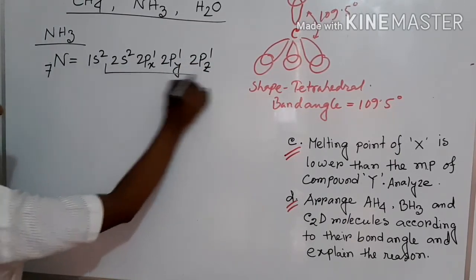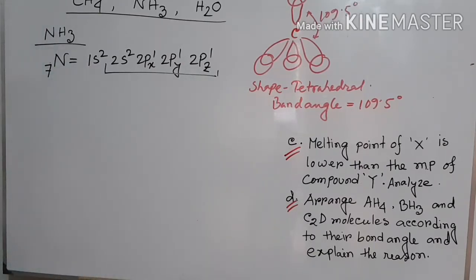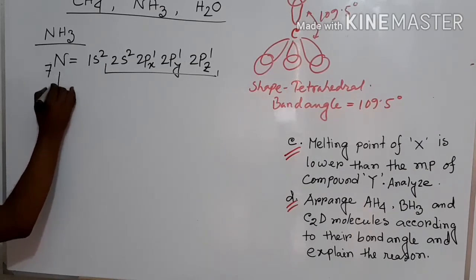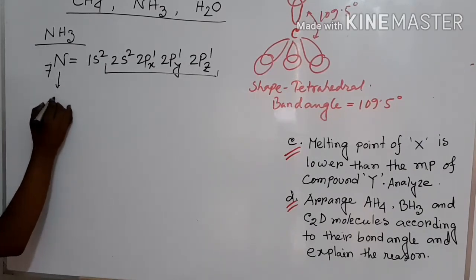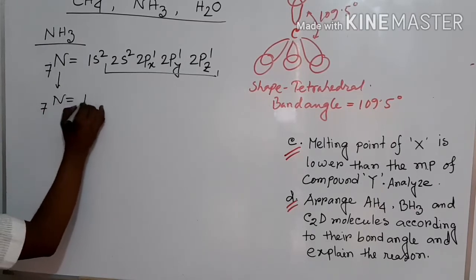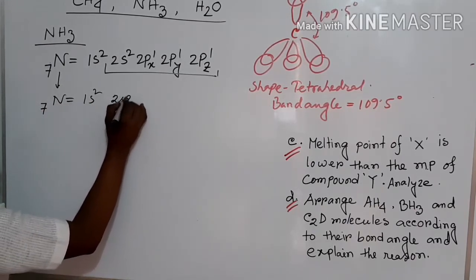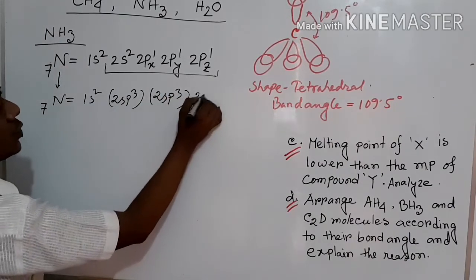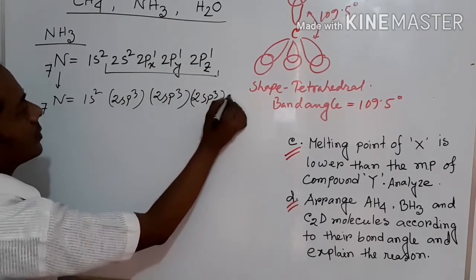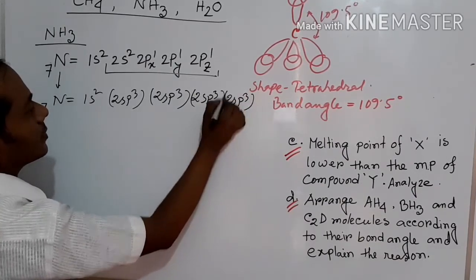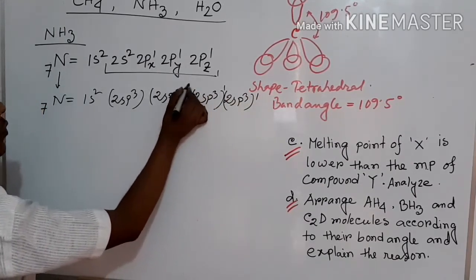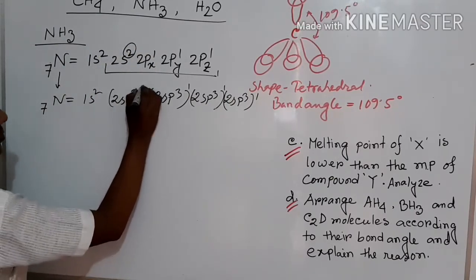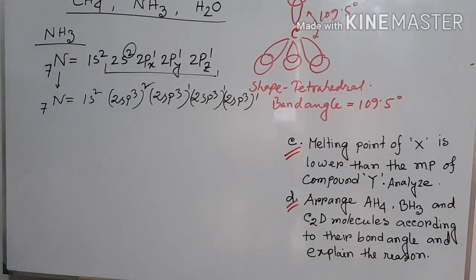Now one s and three p orbitals mix up and form four identical sp3 hybrid orbitals: 1s2, 2sp3, 2sp3, 2sp3, 2sp3. Here two electrons are present in one sp3 orbital.